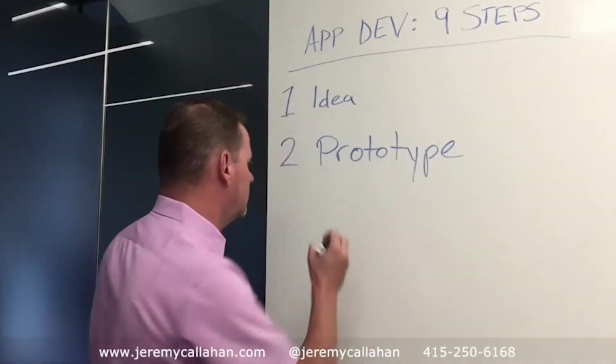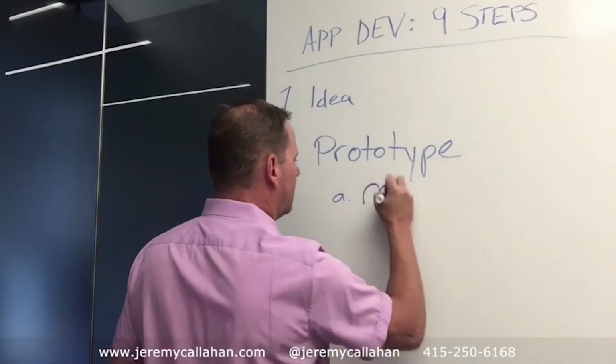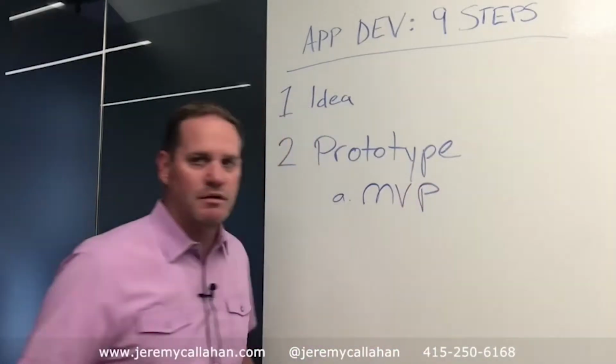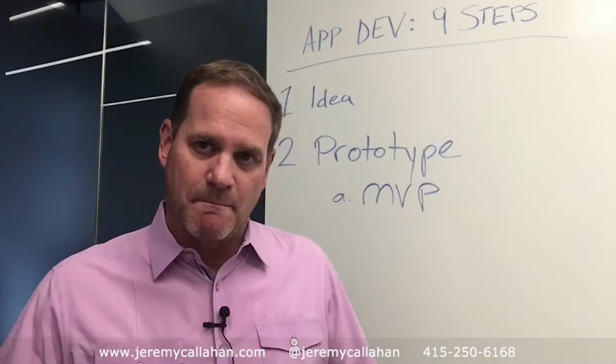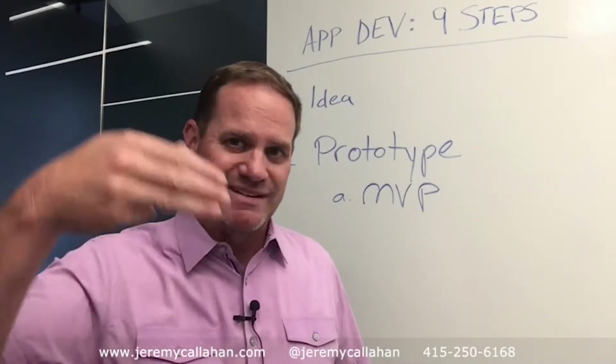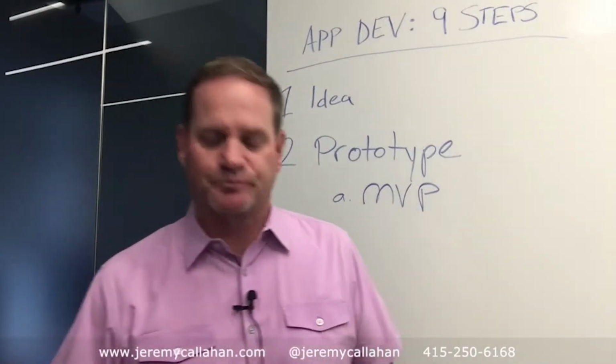Now, to get something out to market, you've got to step back and do what we call the MVP. MVP is the minimum viable product. So the first thing you want to do is figure out the problem you're solving, and then figure out what is the minimum thing that we can develop to solve that problem.